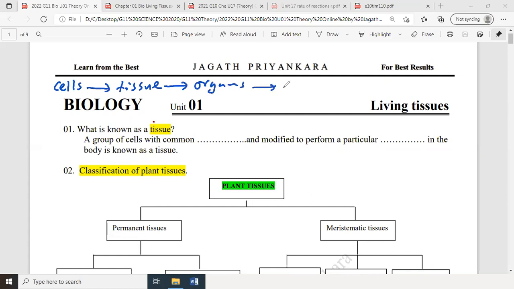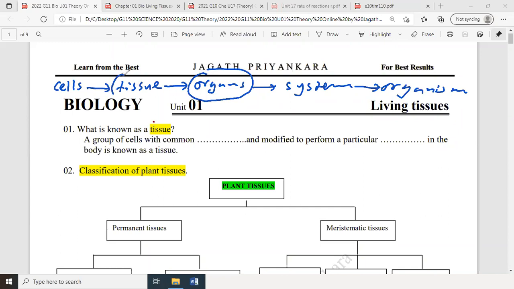Organs combine to form systems. And all the systems combine to form the organism. Blood circulatory system, excretory system, digestive system. Organs, for example heart, lungs, liver. Liver is an organ. Once in the oral paper they asked an MCQ, which of the following is an organ? They gave liver.